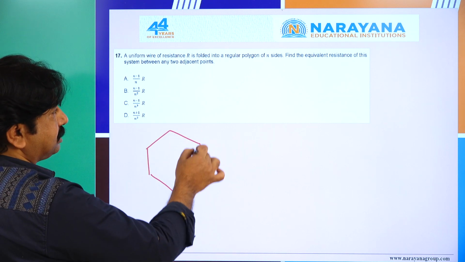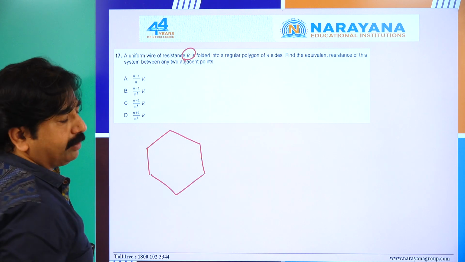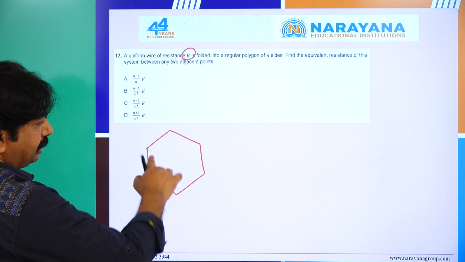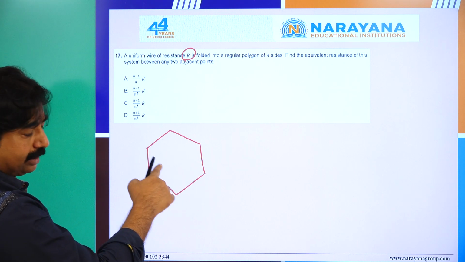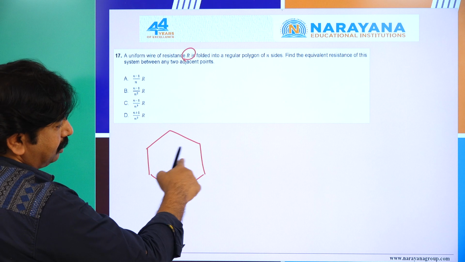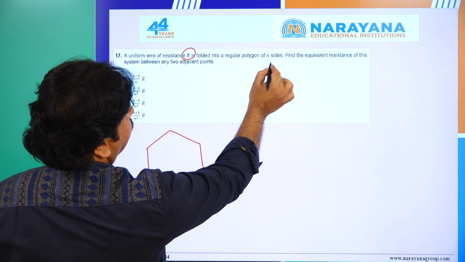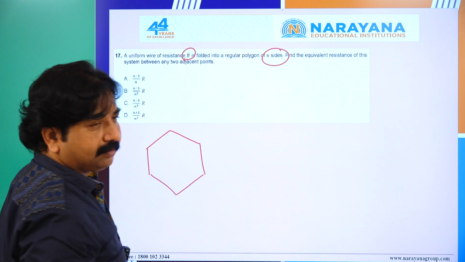The total resistance of that one is R, they have given. So it is folded like this. Actually here in the diagram we have 6 sides, but it is considered as a polygon of n sides.